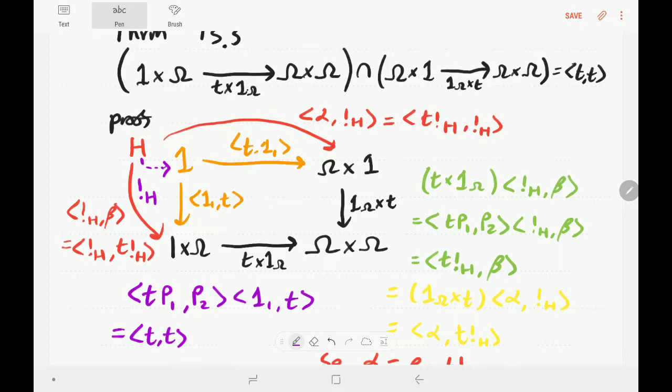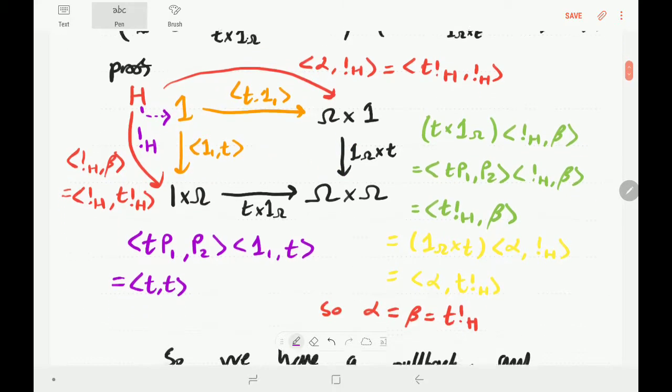And so that means we want there to exist this unique arrow. Well, exclamation mark h does the job, and it's obviously unique. So that shows that this is a pullback, and then the diagonal is t comma t, which is the intersection. So that proves that.